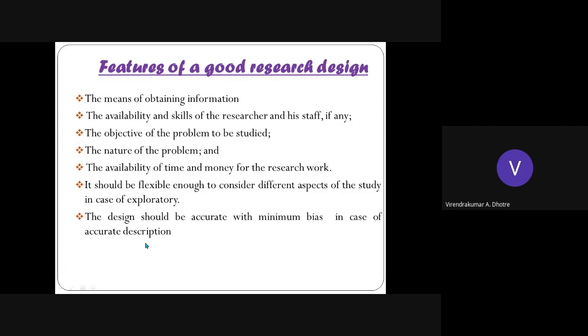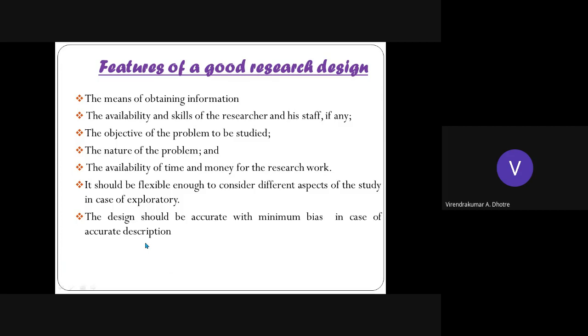The objective of the problem to be studied. The research design should have the feature that it allows us to study the objective of the problem statement. So we should have a thorough knowledge of the problem statement so that we can understand what the objective of this problem will be.